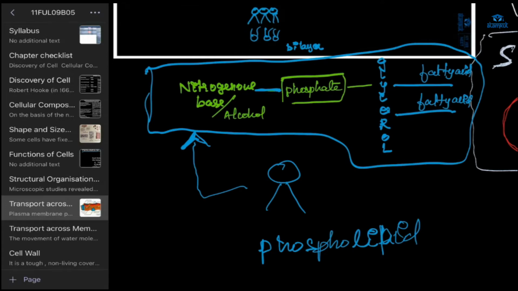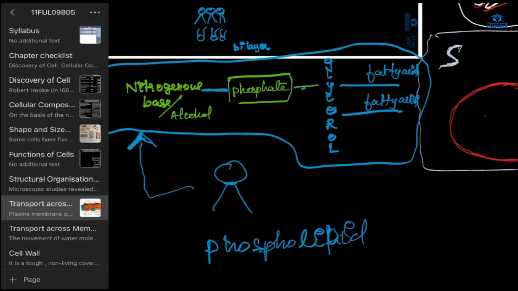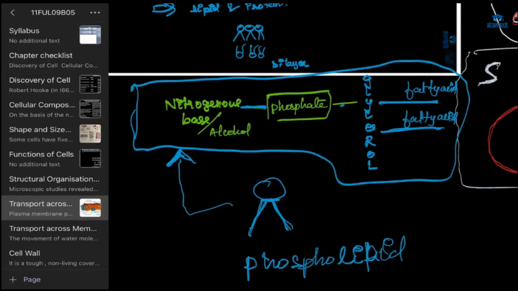Have you learned? No, ma'am. Okay, just know there is something called nitrogenous base. Here we have our phosphate, and here it is glycerol. From there we have two fatty acids attached. This is the shape of the phospholipid.